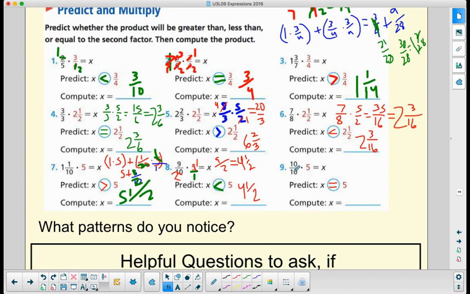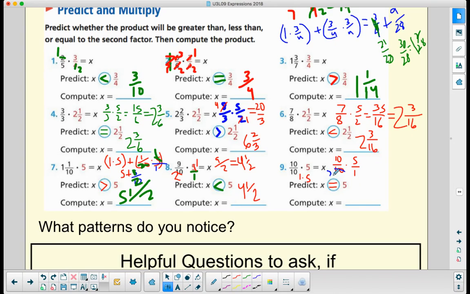Why is that? Well, one thing I could do is say, hey, 10 tenths is equal to 1 whole, and 1 multiplied by 5 is 5. Or I could say 10 tenths multiplied by 5 as a fraction would be 5 over 1, or 5/1, which I don't really ever say. 10 and 1 only have 1 as a factor, but 5 and 10 have 5.